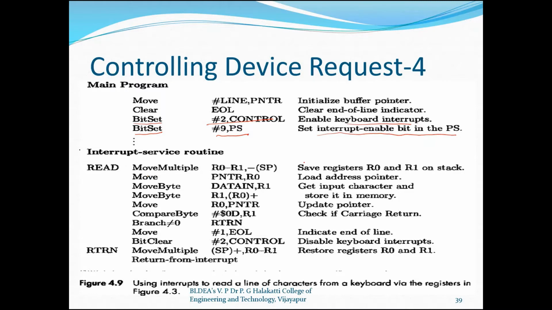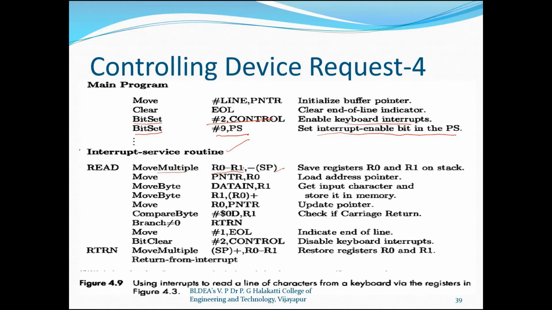Now, before this interrupt service routine starts execution, the processor has to store the information. Here we are using Move Multiple to store the contents of registers R0 to R1 on top of the stack, so that while returning back these values are retained.